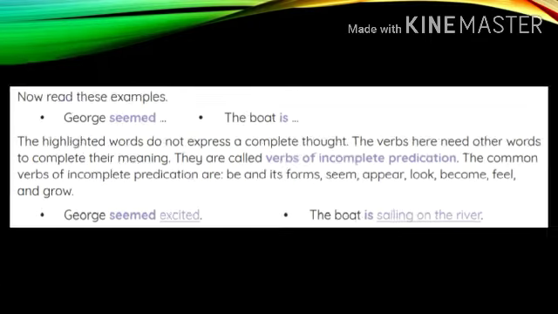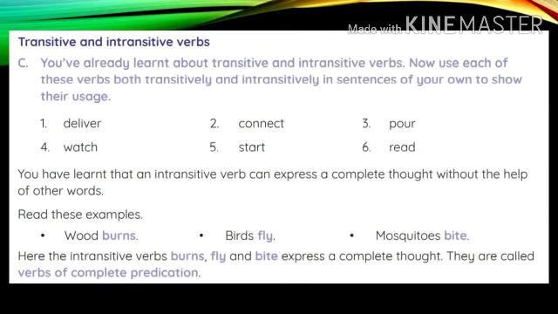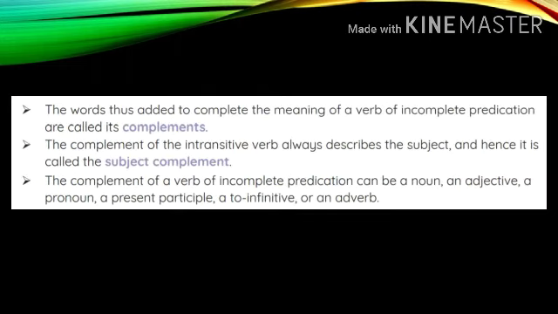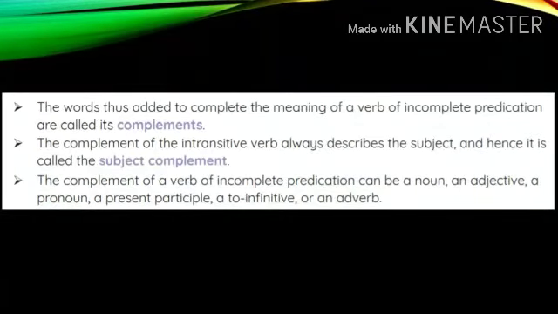So here we have verbs of complete predication, which express complete meaning without the help of other words, and verbs of incomplete predication, which need other words to complete their meaning. The words thus added to complete the meaning of a verb of incomplete predication are called its complements.